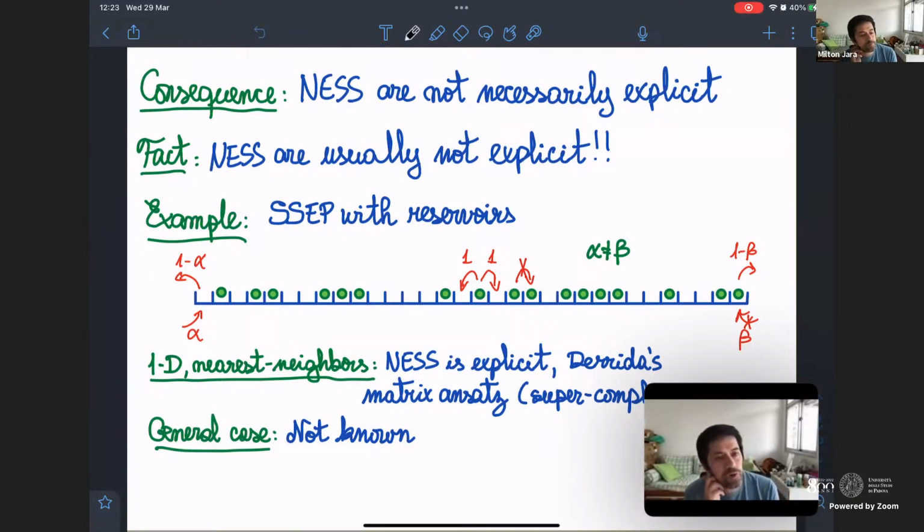Well, it's a conservative particle system because the number of particles is constant in time, but you can describe more or less explicitly what the invariant measures of this system are. The invariant measures are products of Bernoullis, where the weights are proportional to the invariant measure of just one particle in the system.